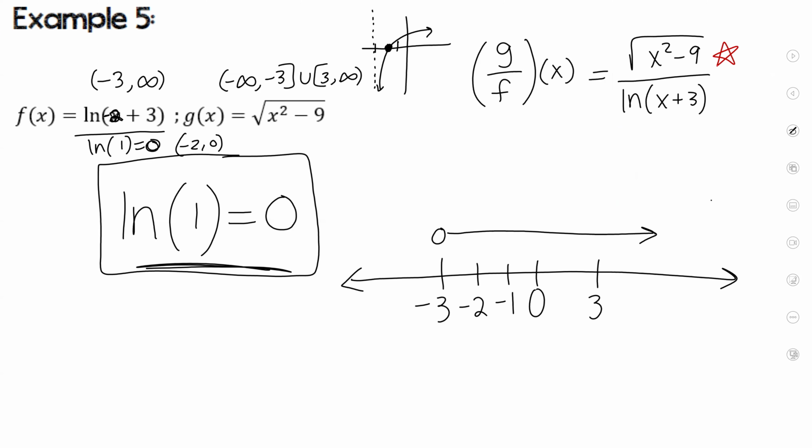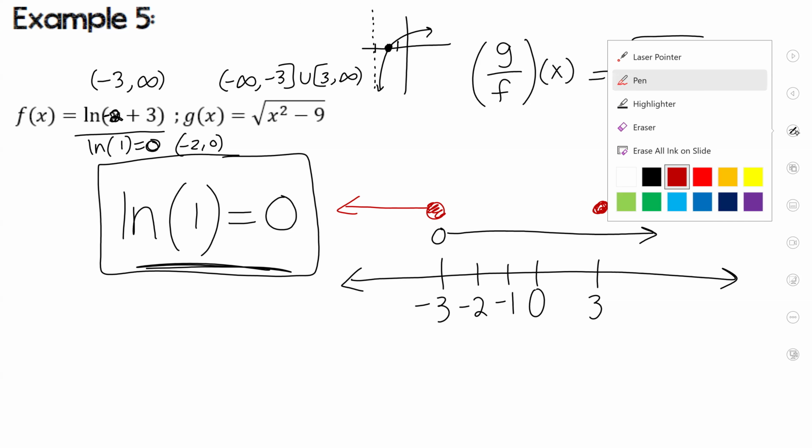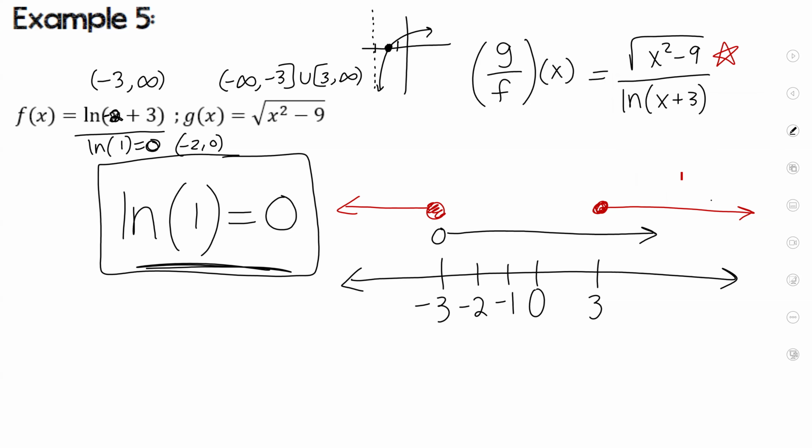This domain is -infinity to -3, and then +3 to infinity. Do you guys see where it overlaps? Yep, it overlaps right here. This is just a point. That's just a point. That's a coordinate.